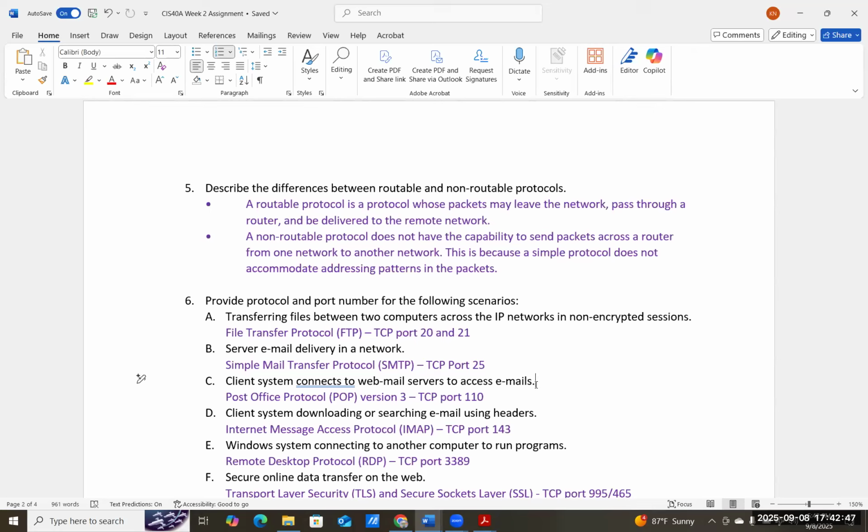You'll notice that these are TCP, so there's reliability with the protocol. Like I said about the bicycle, it has to make sure that it's connected before it sends, and when it gets all the parts together, it's going to present it. Under TCP, you would have other protocols that are under that suite, right? So port 110 for webmail servers.